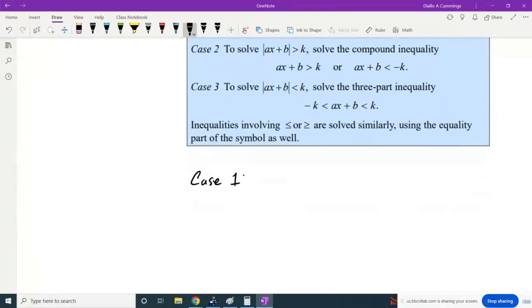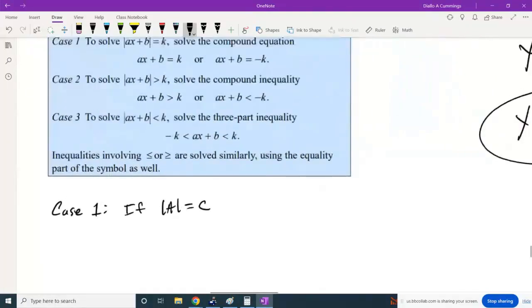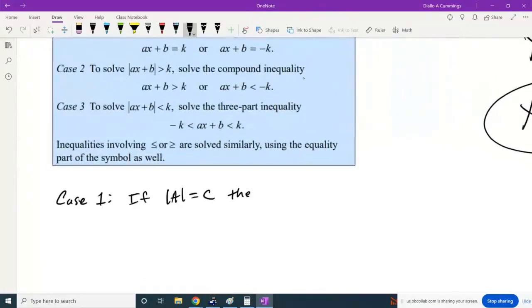So case 1 says if the absolute value of A is equal to C, then solve A is equal to C or A is equal to -C. Okay, so this is case 1.